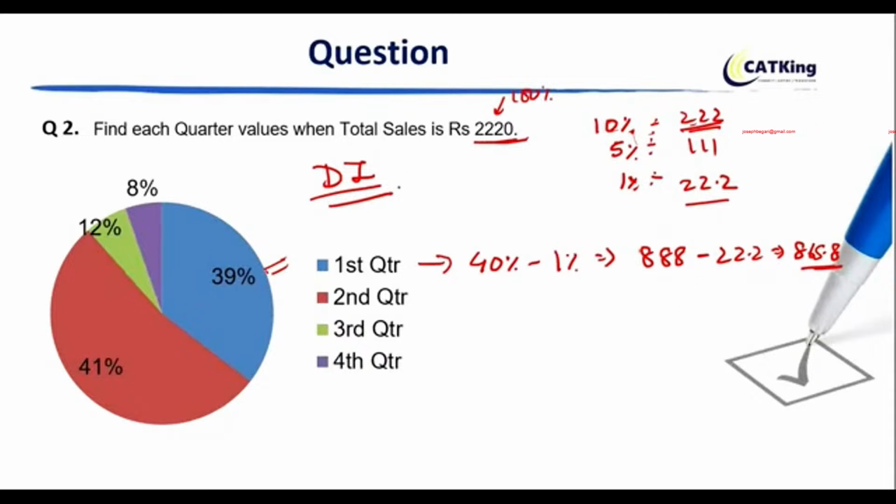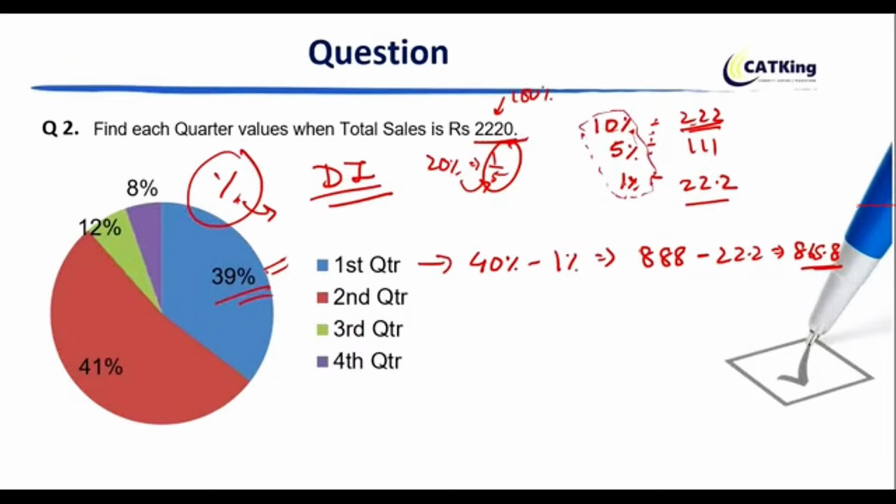So this is how you will use percentages. There are two methods of solving percentages. One is to convert it into fractions, like you know 20% is 1/5. But you cannot convert 39% into fractions, correct? So that is why this method is really handy. Always try to break it into smaller percentages.